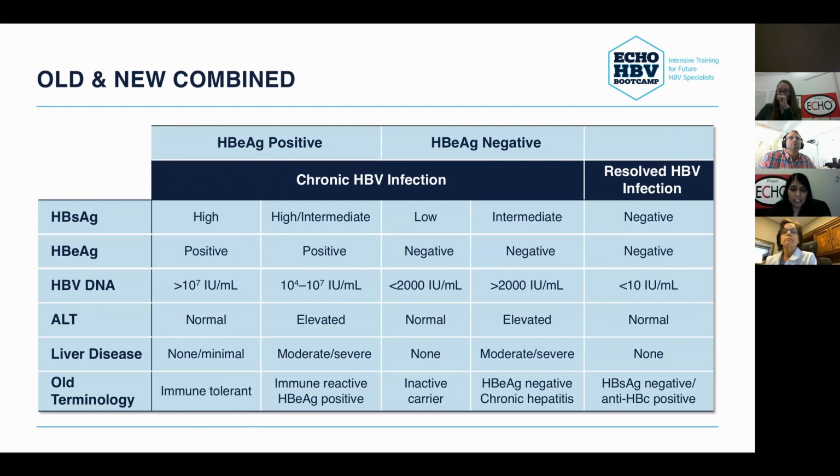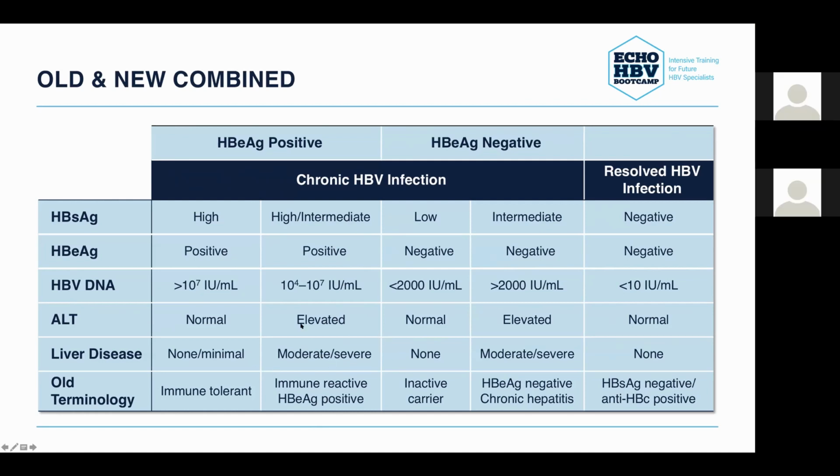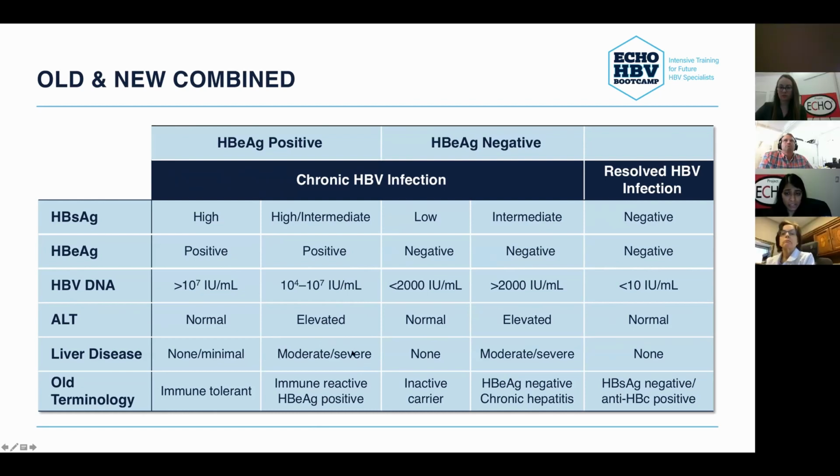So if you're following this person over time and you see a very high viral load in somebody who's E antigen positive with a normal ALT come down a bit, you want to take a careful look at that ALT and see if it looks like it's going up, because this could be that phase of having more significant liver disease, moderate to severe, when we're talking about inflammation and also developing some degree of fibrosis over time. But usually this is in reference to more inflammatory scores on the liver biopsy.